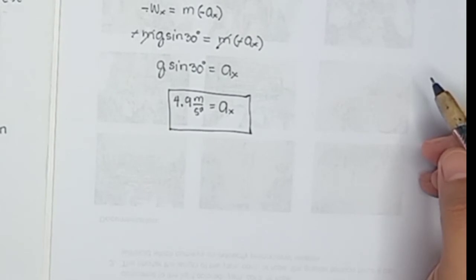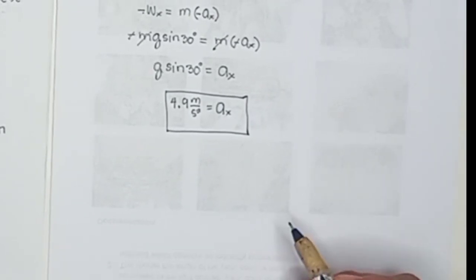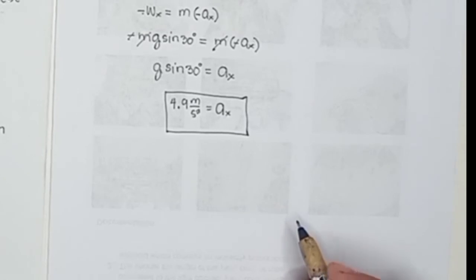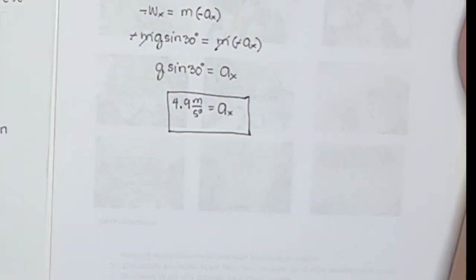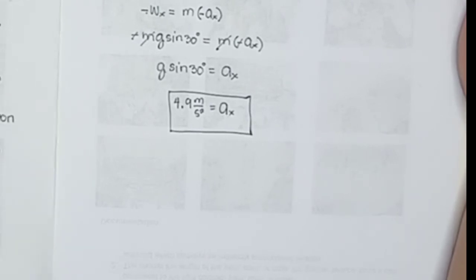Now let us solve question letter B, the speed of the box upon reaching the bottom of the ramp, which is 1.50 meters from the starting point of the box. In solving for the speed, we will determine both the x component and the y component of the velocity of the box at the bottom of the ramp.